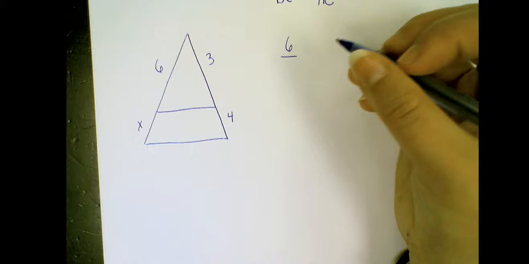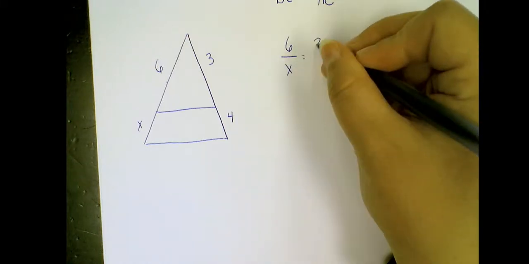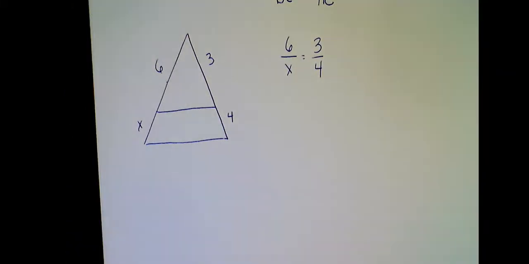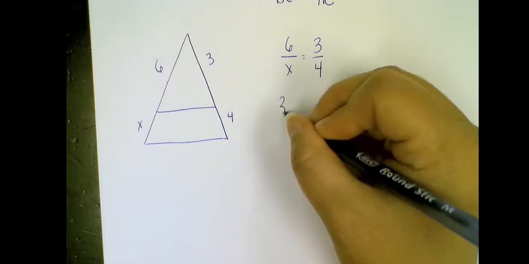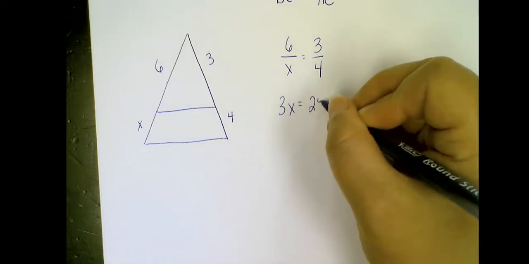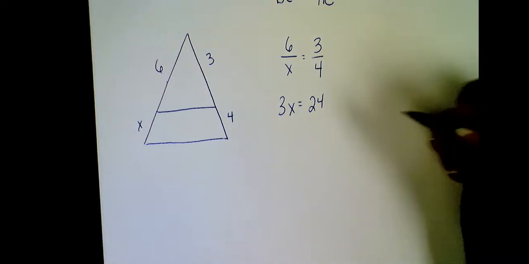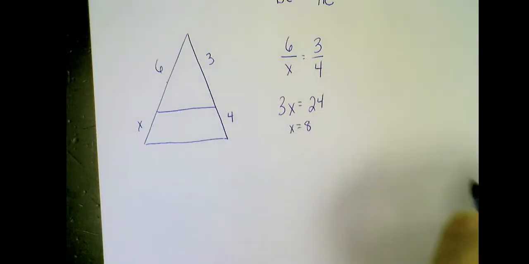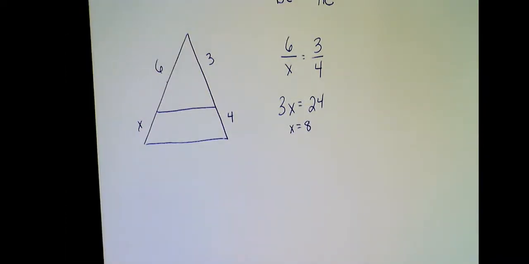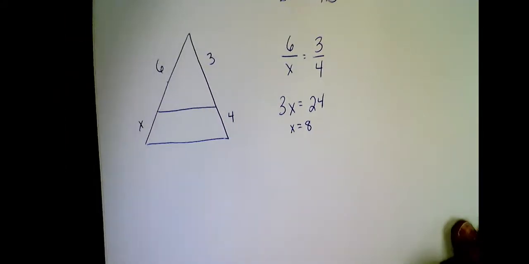So that proportion would be 6 over x equals 3 over 4. And we can cross multiply. 3x would equal 24, and x would equal 8. Let's take a look at another one.